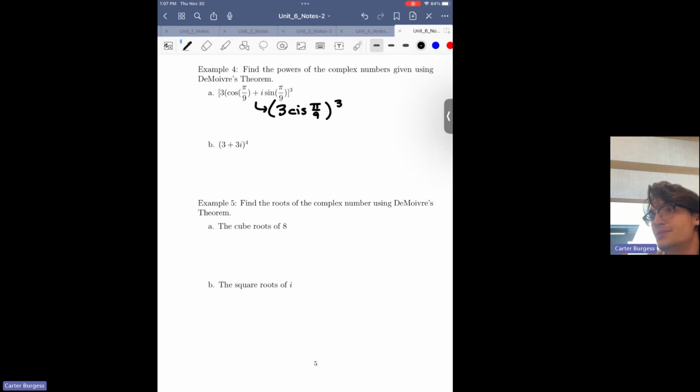What do I do with r? Cube it. And what do I do with theta? Multiply it by 3.